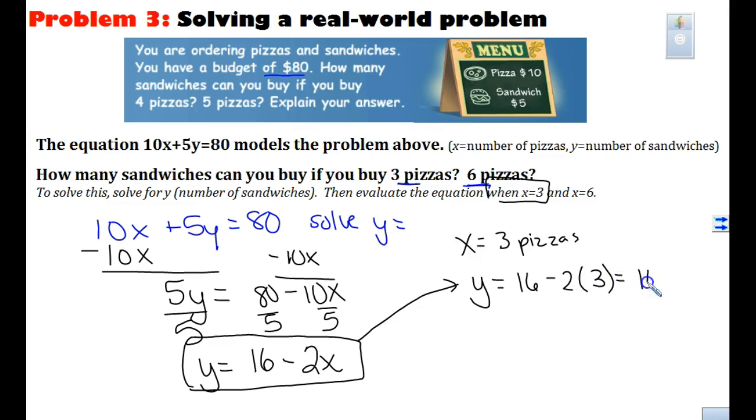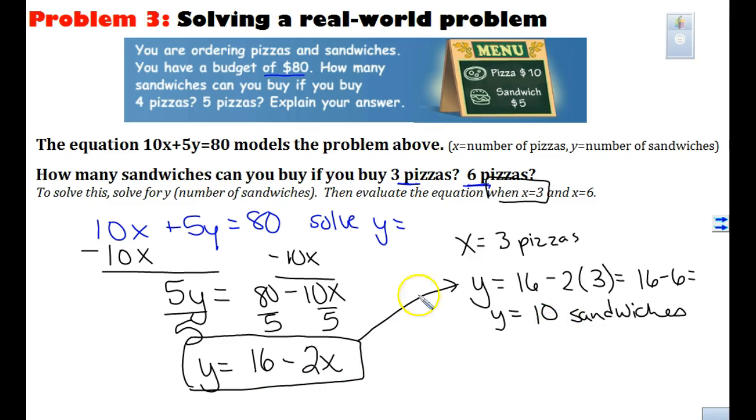Which gives us 16 minus 6, which means we can get 10 sandwiches. Because we said we get to spend $80, this is how we decided to split it up. We got 3 pizzas, we could get 10 sandwiches, okay?